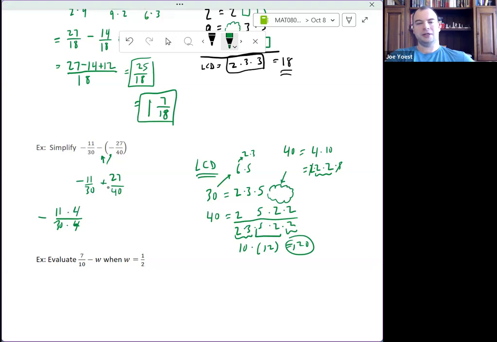And I better multiply on the top as well. And similarly, what's the 40 missing? The 40 is missing the 3. So 40 times 3 is 120. I multiply that on the bottom, and I better multiply by that on the top as well.